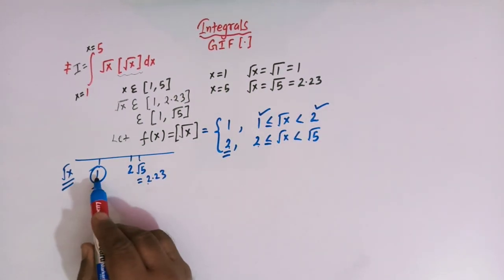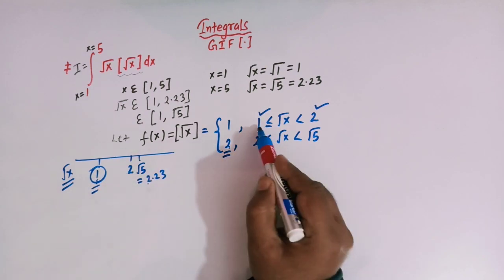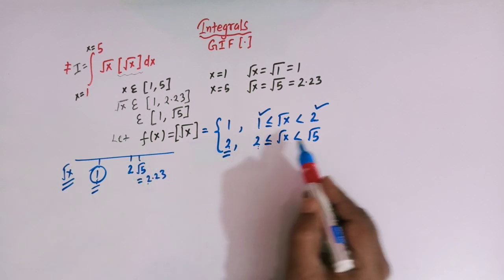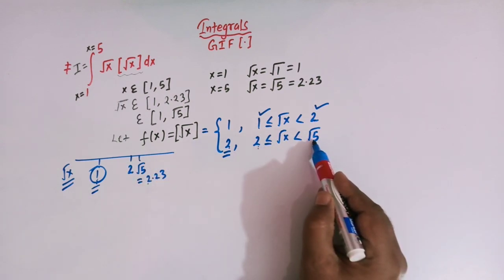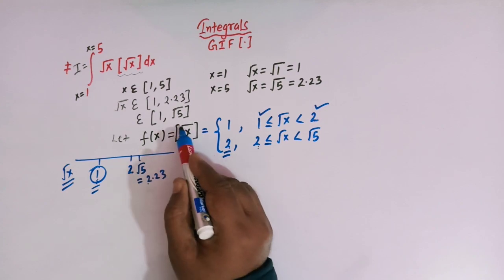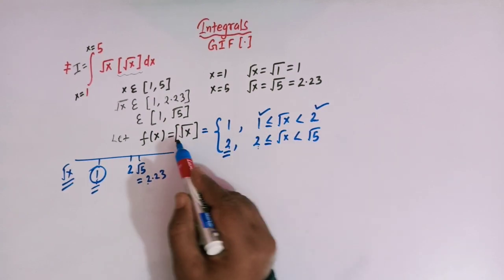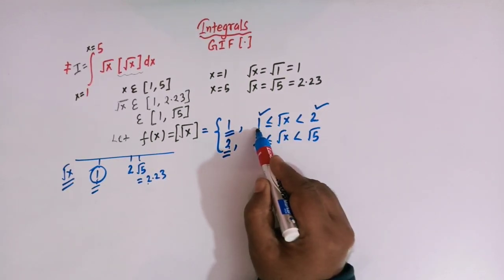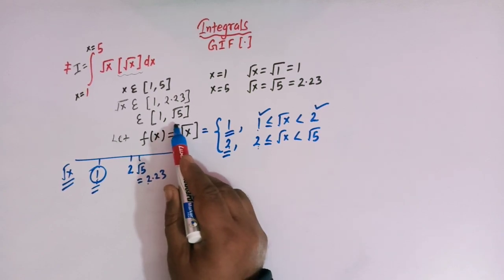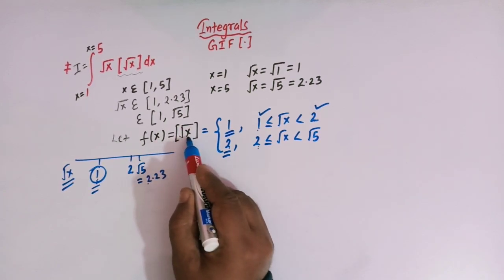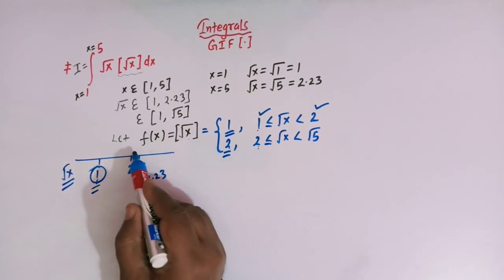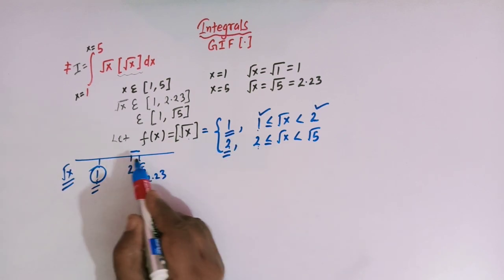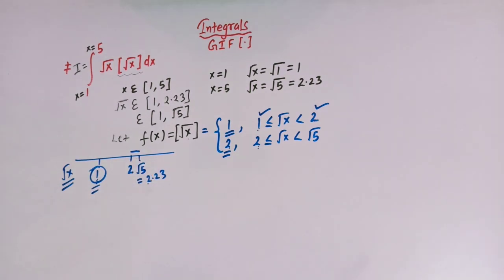The first one is from 1 to 2, and the second one is from 2 to square root of 5. The greatest integer of square root of x has the value 1 when square root of x lies between 1 and 2, and equals 2 when square root of x lies between 2 and square root of 5.